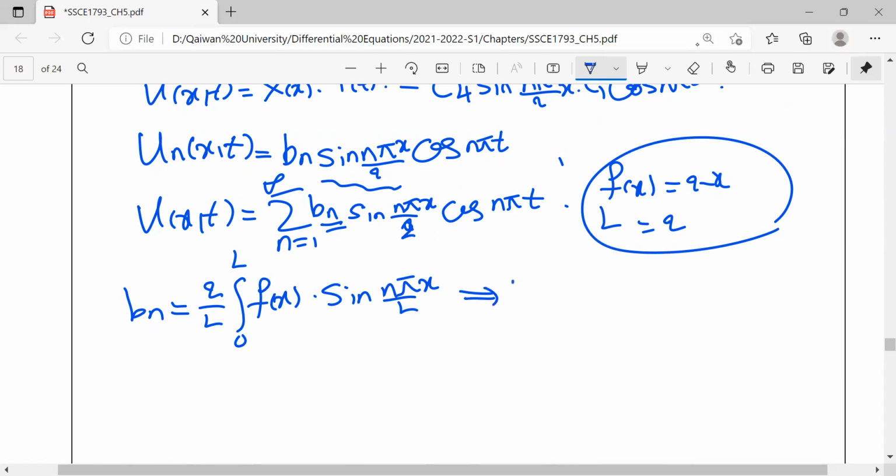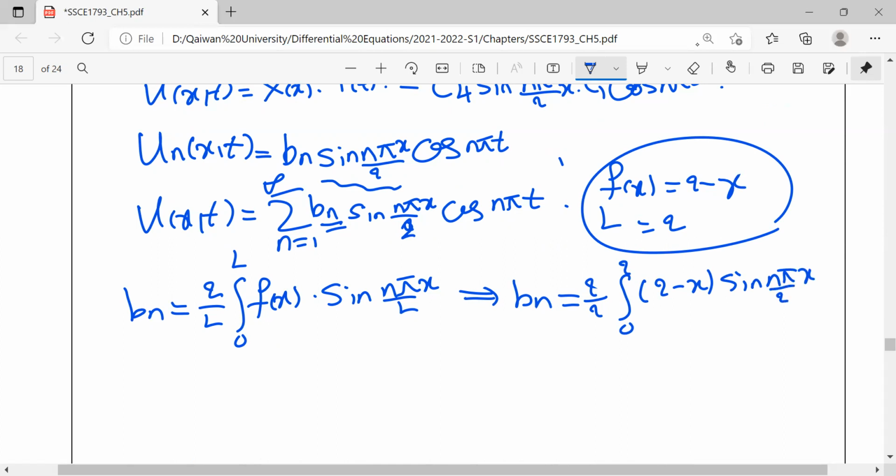And we get that Bn equals 2 over 2, since L is 2, times the integration from 0 to 2 for f of x, which is 2 minus x, times sine n pi x over 2.